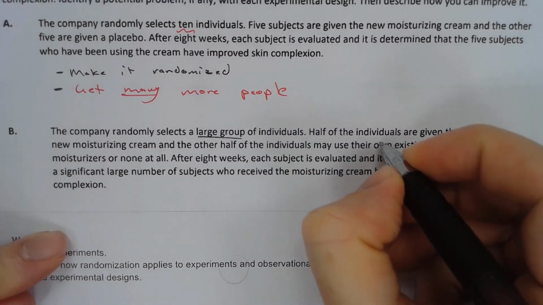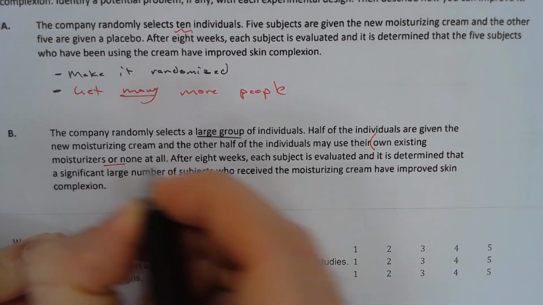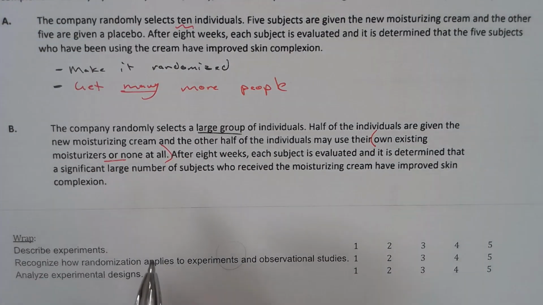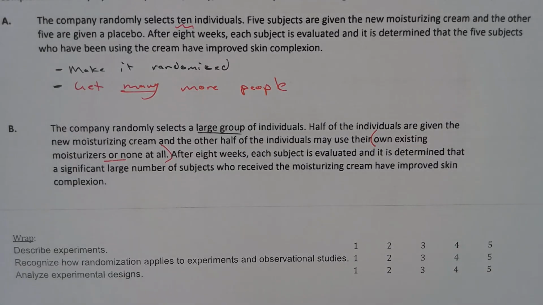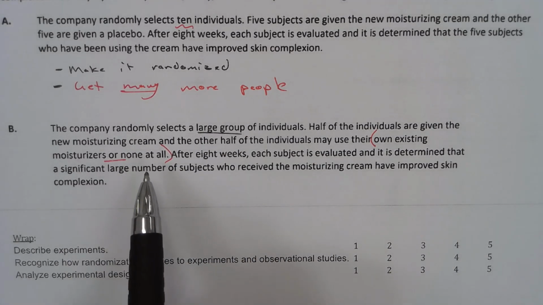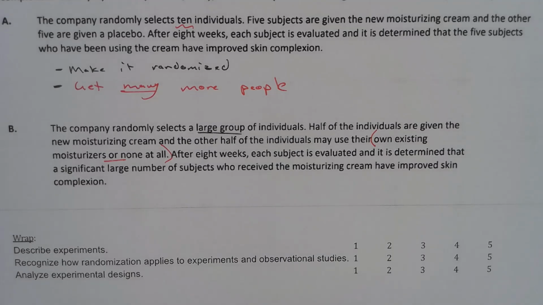I don't like this part. Their own or none. Take you back to a definition on the first page. For a controlled experiment, we want one variable to be different. But here, you're allowing people to choose either, hey, do some or none at all. So you'd want to designate, maybe you'd have 3 groups.